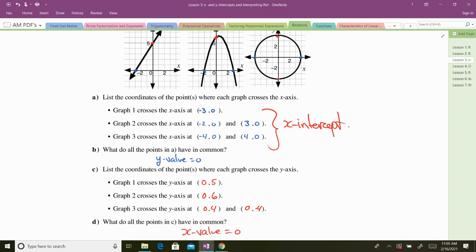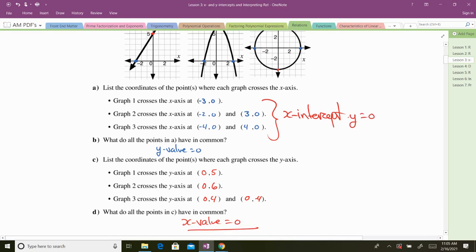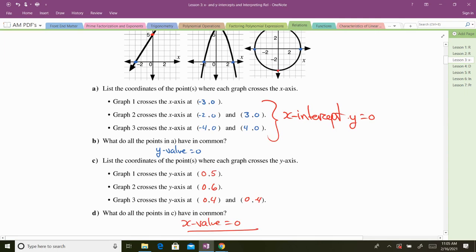What's the y value for every one of those points that I just bracketed? 0. So the x-intercept has a y value of 0. If I ask where it crosses the y-axis or the y-intercept, what is the x value? 0.